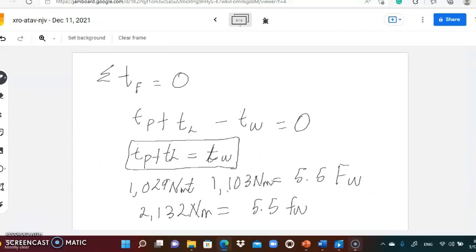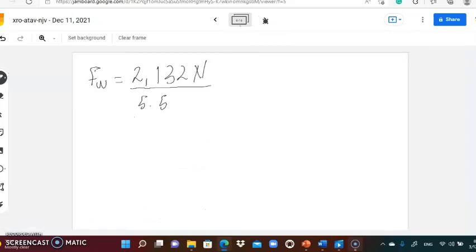So I'm dividing by 5.5, which is going to give me 387.6 newtons.